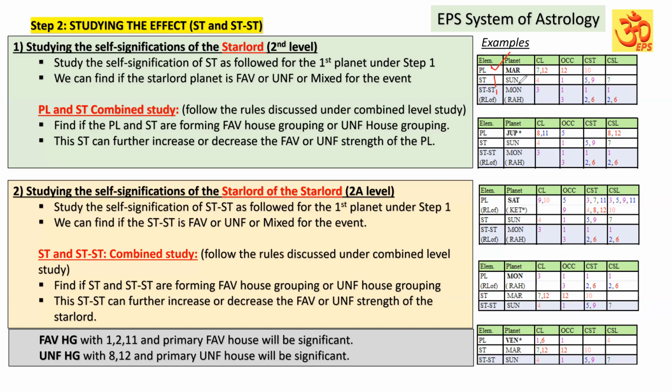So that way we have to check whether each level is supporting each other by way of combined study. In this combined study, if they are forming good house grouping, as we discussed in the combined level study rules, if they are forming good grouping chain, favorable house grouping or unfavorable grouping, the intensity of that strength will be present.